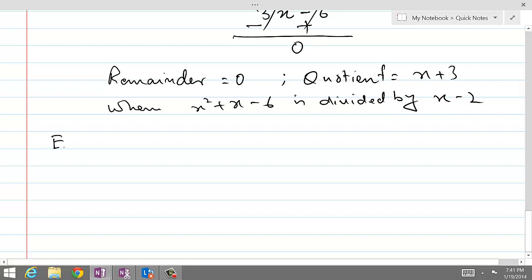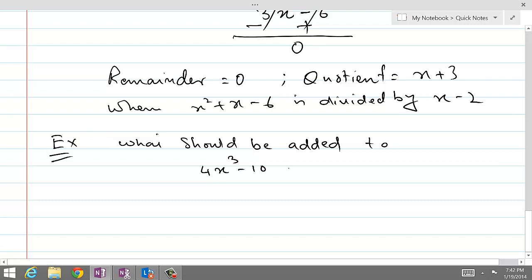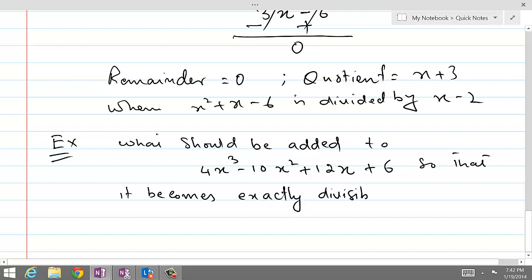Question example: what should be added to 4x cubed minus 10x squared plus 12x plus 6 so that it becomes exactly divisible by 2x plus 1?